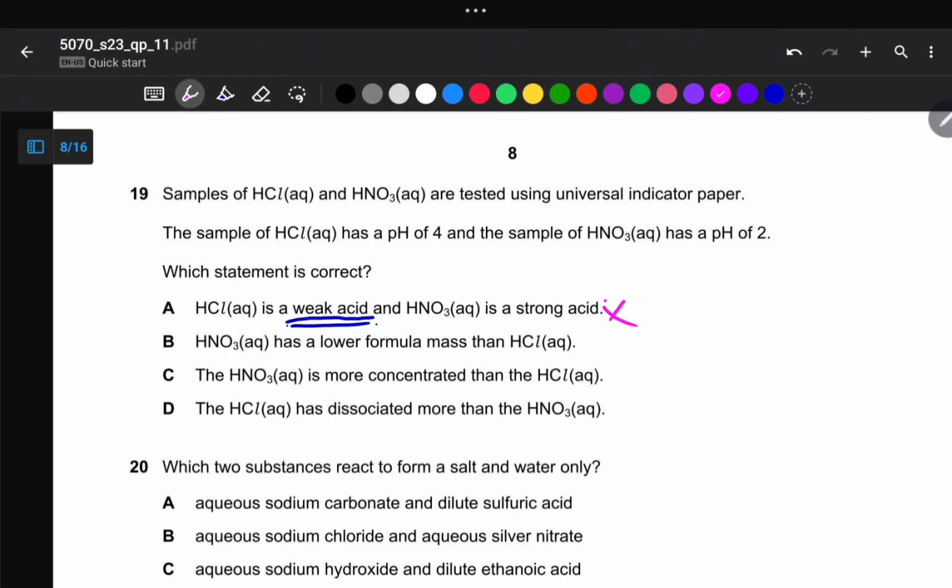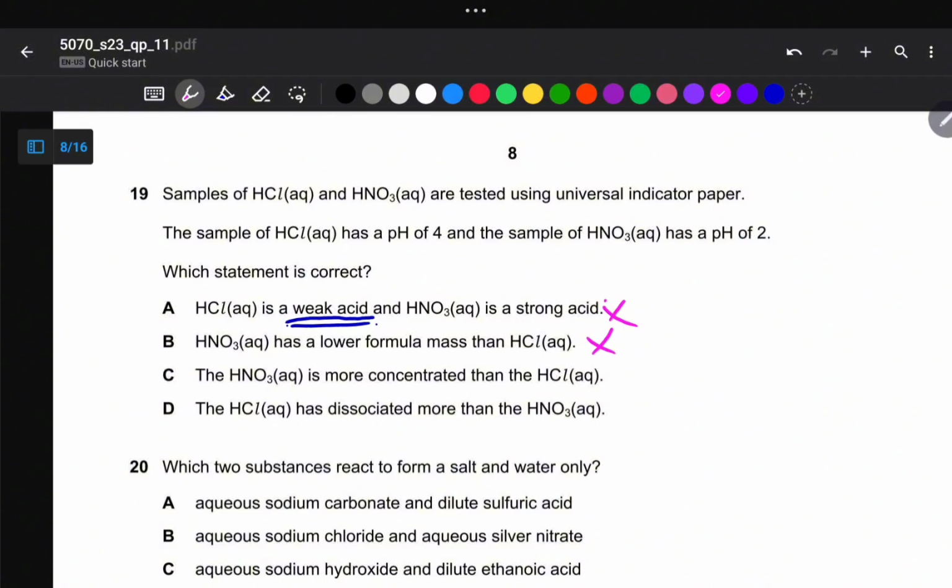So option B says nitric acid has a lower formula mass than hydrochloric acid. This doesn't answer the part of pH. Mass and pH are not related, so this becomes false. And then the nitric acid is more concentrated than the hydrochloric acid, so this becomes true. The reason why the pH of nitric acid is lower than that of hydrochloric acid might be the concentration.